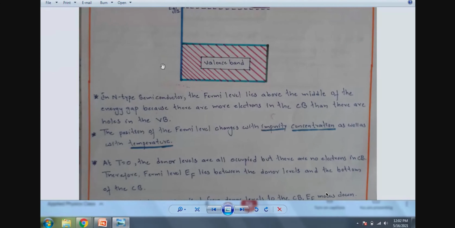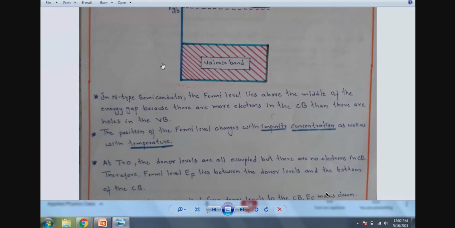Then half of the electrons from the donor energy level jump into the conduction band, and we can say the point here, the dot. The dot represents the temperature at which half of the donor electrons in the donor energy level are excited to the conduction band.